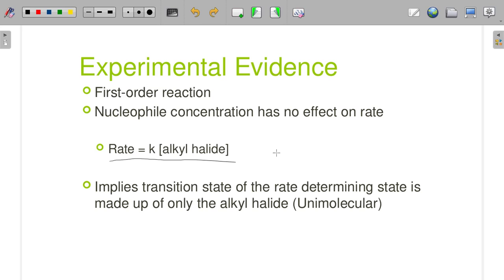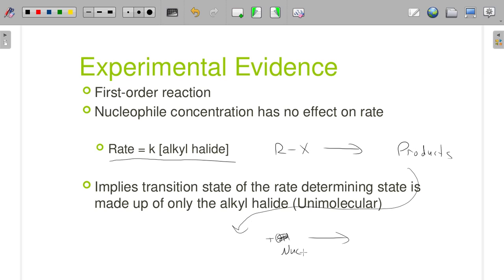So that does actually mean we have a slow step that only involves that, and it makes something else. Now, whatever it makes must later do something with the nucleophile. So that must continue on down here and must later on do something with the, I said OH, but nucleophile.